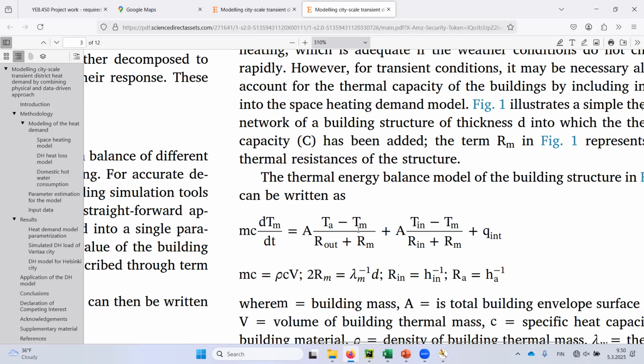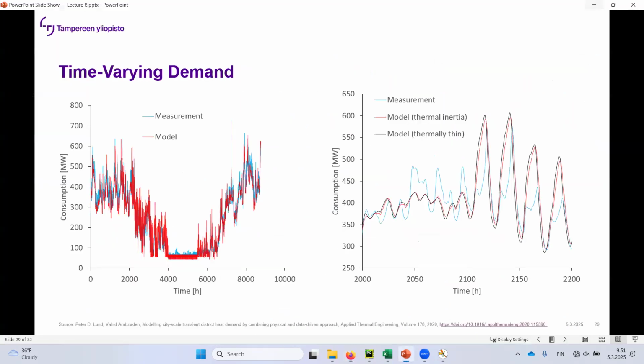So there's the mean temperature of the wall, ambient temperature, inside temperature. In and out, they refer to these resistances, I think, of the heat transfer. So this makes it a differential equation. And what they are taking into account in here is whenever you're heating up your house, there's going to be a certain lag because the walls absorb part of the heat and they act as a heat storage. They act as a heat buffer.